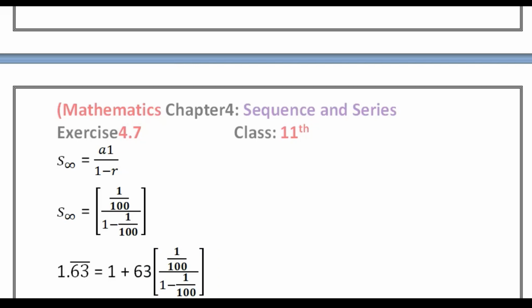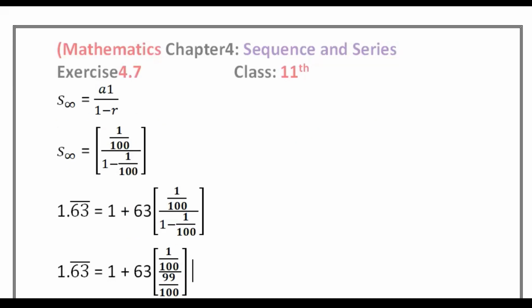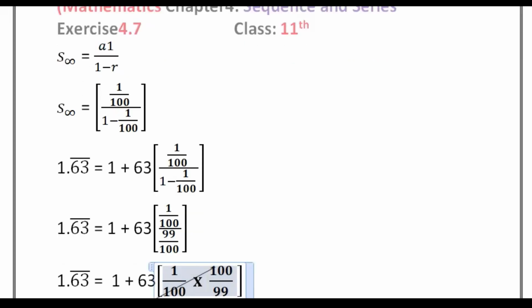So next, taking the LCM of the denominator, 1 minus 1 divided by 100 is equal to 99 divided by 100. By taking the reciprocal, 1 divided by 100 multiplied by 100 over 99, the 100s cancel.